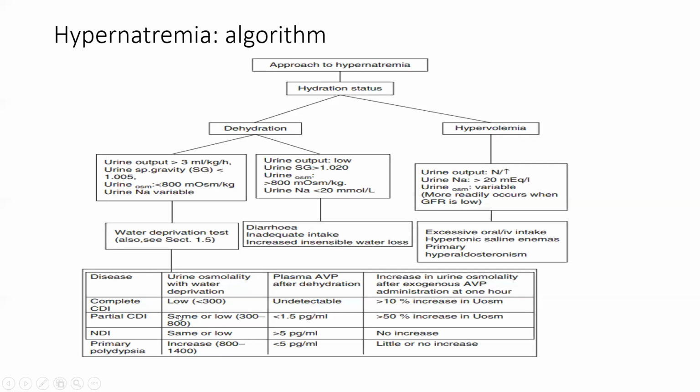If you have partial central diabetes insipidus, the urine osmolarity will be the same or low, but usually it goes up. If you have nephrogenic diabetes insipidus, urine osmolarity can be the same at 300 or can be low. So the same, meaning what you get upstairs, when we compare with the serum osmolarity most of the time.